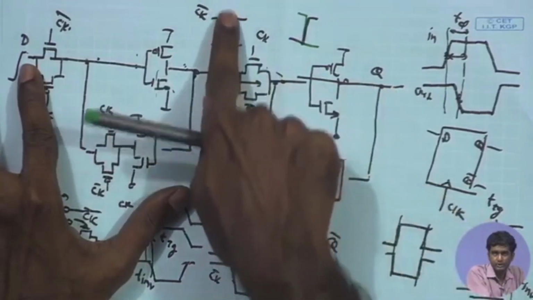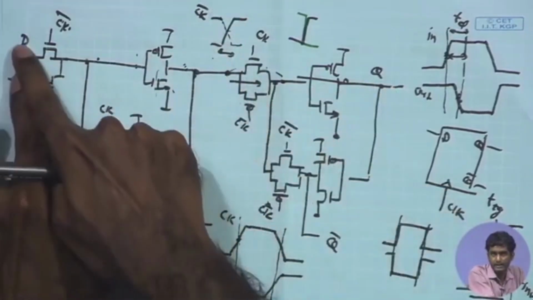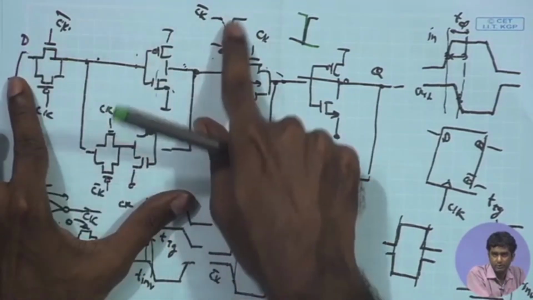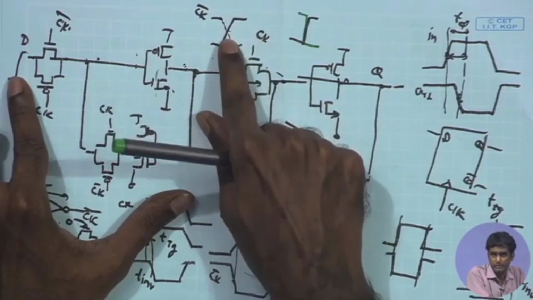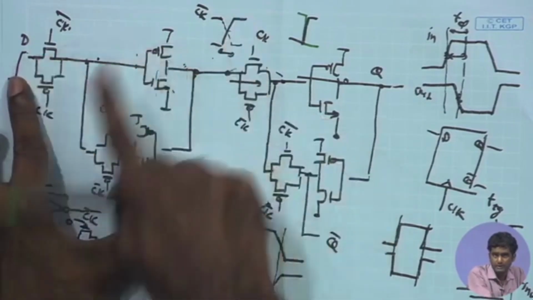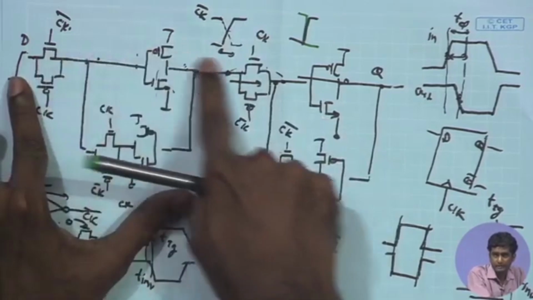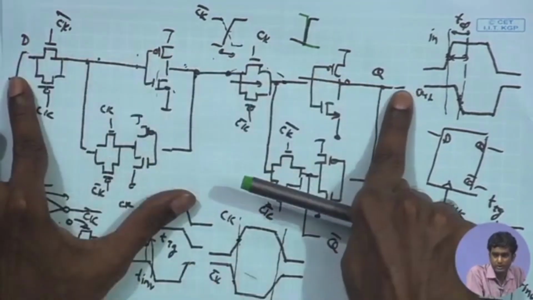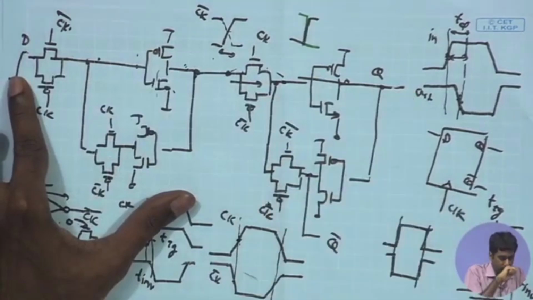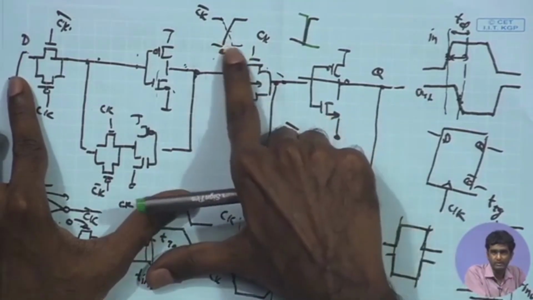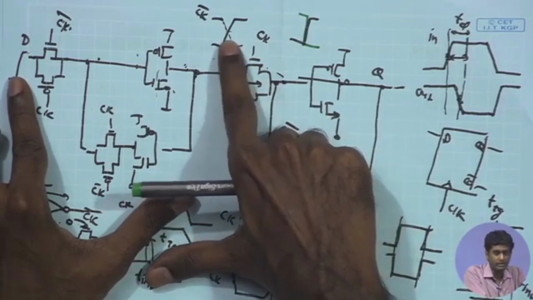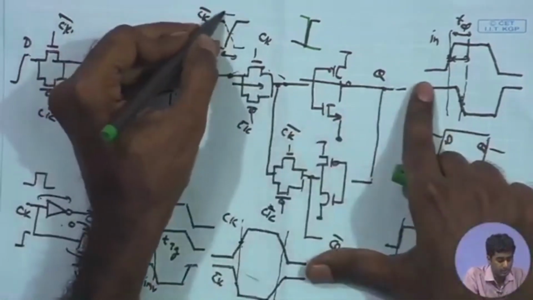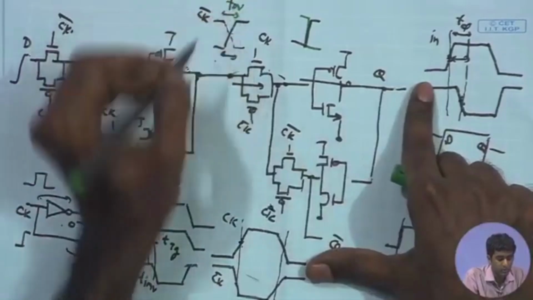So, during this overlap phase, if the data is transitioning during the rise of the clock edge, you can end up having the transition in the input data being propagated to the output, and as a result the hold time will be dictated in this case by the rise time and fall time overlap of the clock and clock bar.